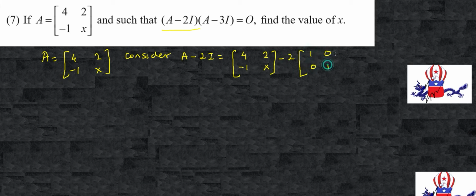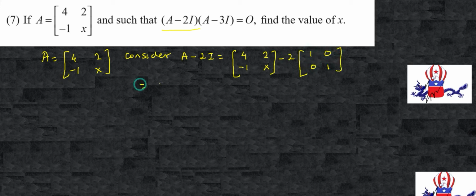So foremost, what we need to do is first find out what exactly A minus 2I is. Now this is going to be matrix A, which is [[4, 2], [-1, x]], minus 2 times the identity matrix, which is [[1, 0], [0, 1]].